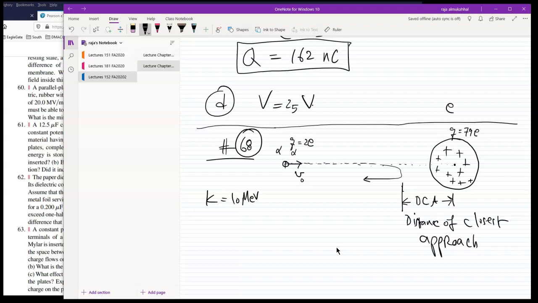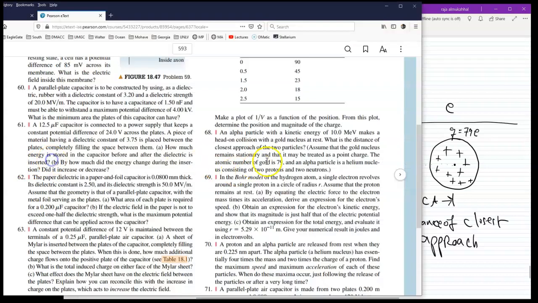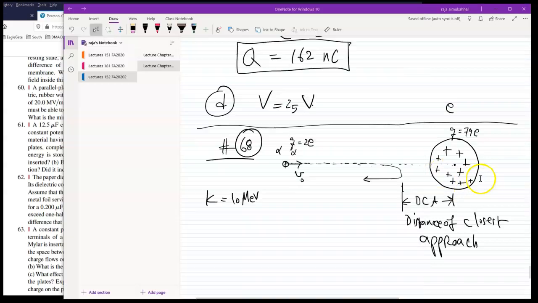He's asking you to find the distance of closest approach. Let me go back and read it now in light of what I have just explained. He said, what is the distance of closest approach of the two particles? Now, assume that the gold nucleus is stationary. Otherwise it becomes a very difficult problem. So I want to know the DCA. Okay, so how do we do it?